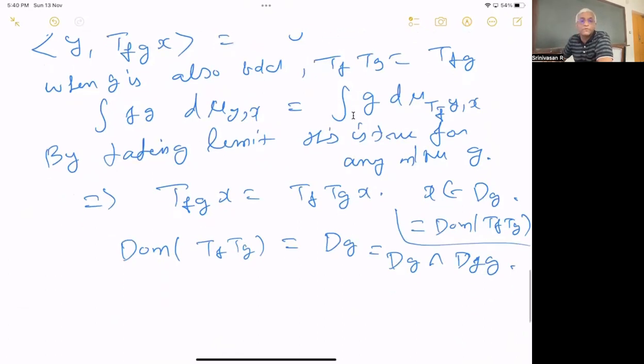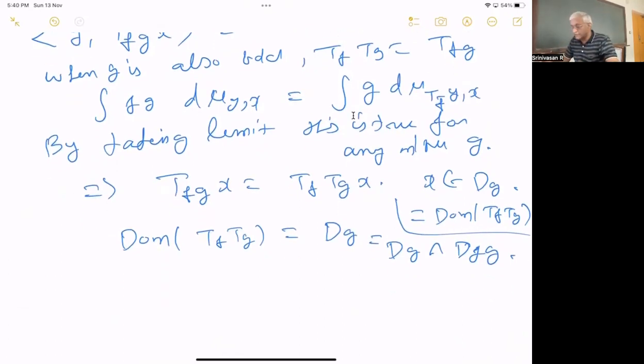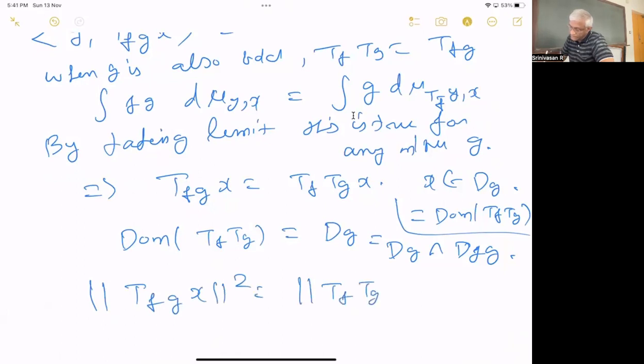Okay. Now we want to prove it when G is also a bounded function. This is true, now we take the norm of this. Maybe we have to go through the earlier one. The norm of T_FG x squared is equal to the norm of T_F T_G x squared.